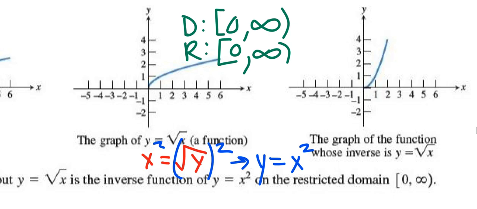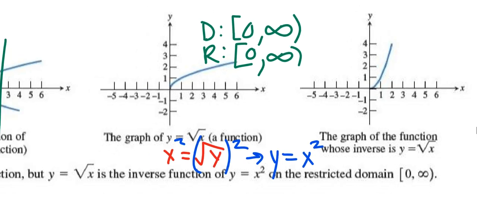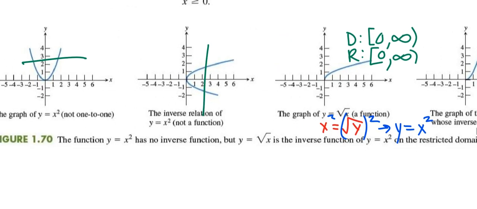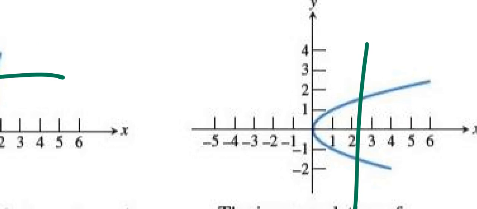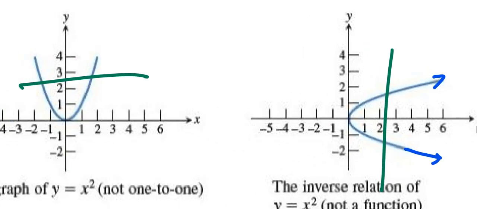You can't just create points that don't exist. Which is why I tell a lot of you, it's kind of important that you know what the original picture looks like so that you can graph the inverse. Now, it's true that if you start with something like this, you're going to end up with something like this, and don't ask me why it doesn't do stuff like that. I don't know. It should.